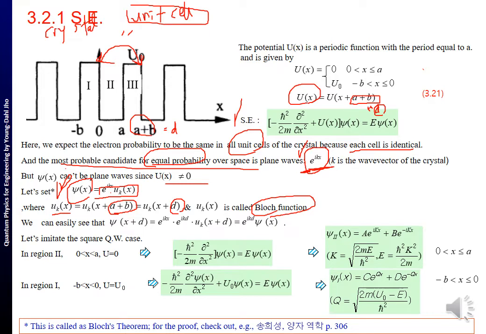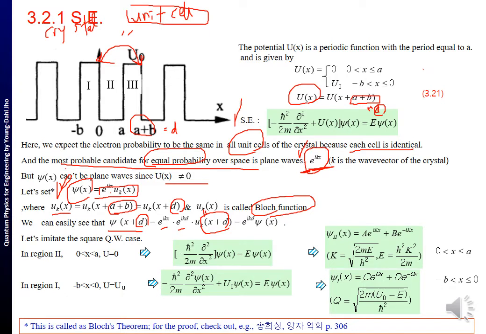So we can easily see that psi(x plus d), shifted by d, when we put x plus d here instead of x, gives e to the ikx, e to the ikd, then u_k(x plus d), and this is just the same as u_k(x).